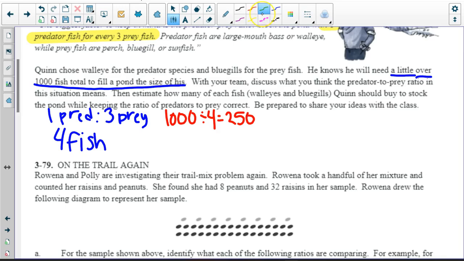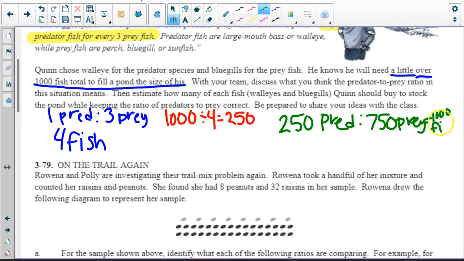So if he does that 250 times, he'll have thrown in 250 predators, and he will have thrown in 750 prey. But the problem is, that's 1,000 fish.